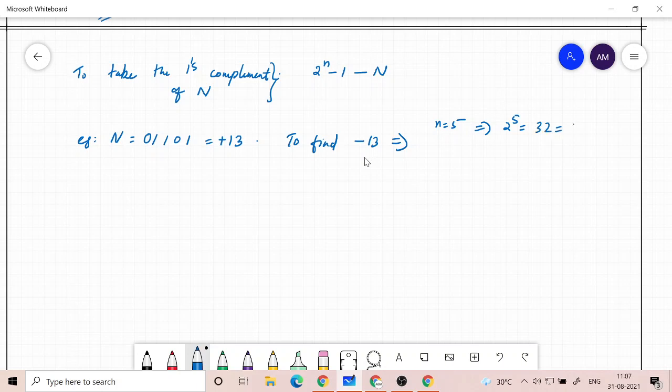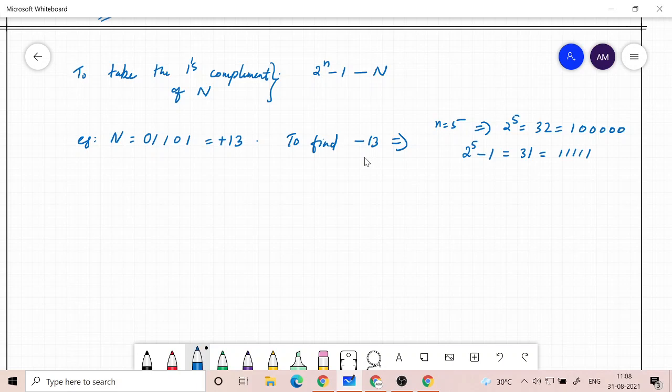So 32 is basically 1 followed by 0 0 0 0. If it is 5, you have to put 5 zeros. And 2 raised to 5 minus 1 means 31, which is basically 5 ones. So that is it.